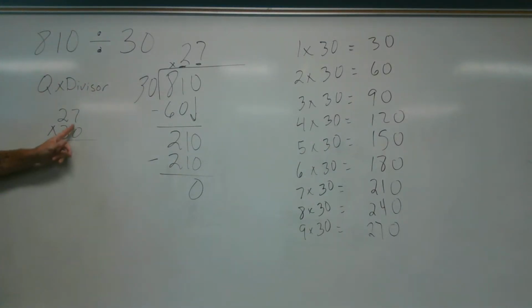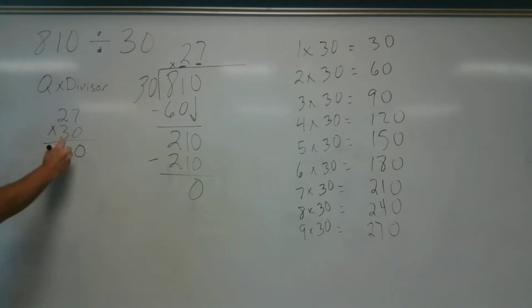If I go 27 times 10, I'm just basically bringing this 0 down here, or 27 times 0 ones. Well, 27 times 0 ones is 0 ones. So then I do 27 times 3. Well, 3 times 7 is 21. 3 times 2 is 6 plus 2 is 8.